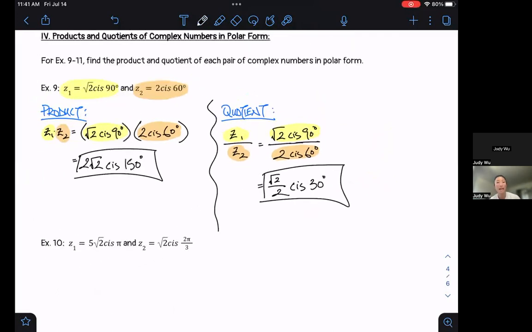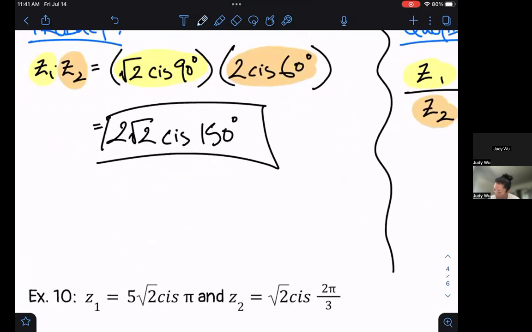Okay. And now with these two side by side, let's think about how we're getting the angles, because it seems like the R's, we just do what we're going to do. We multiply or we divide. How do we get the thetas? Hopefully what you may have noticed is that 90 plus 60 gives you 150.